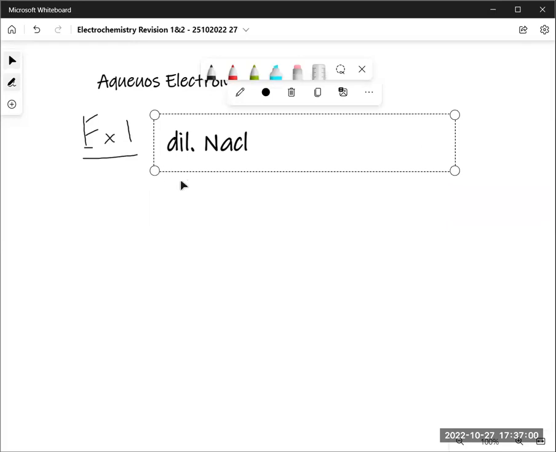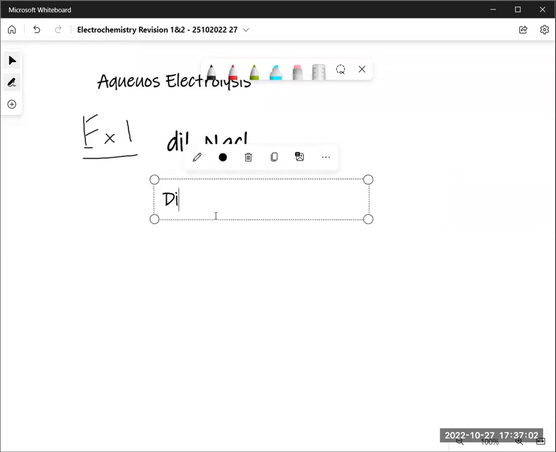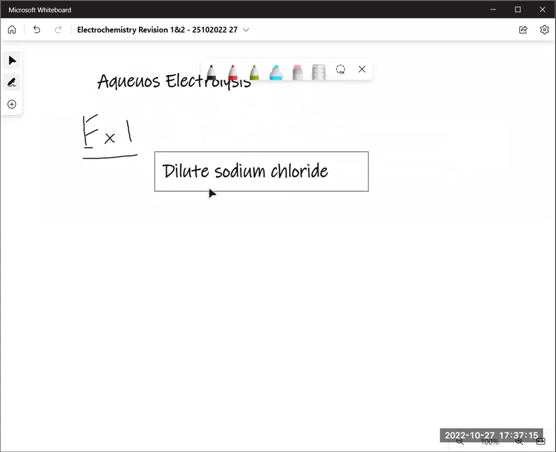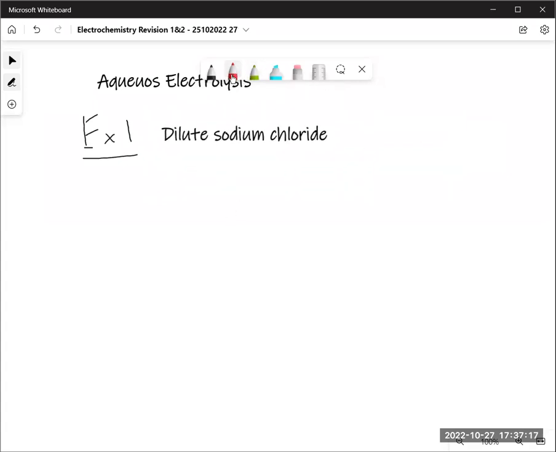The name for this is going to be dilute sodium chloride. Write this in your notebook. Now, the first step always, there's a proper method to this. The first step is always going to be ions.